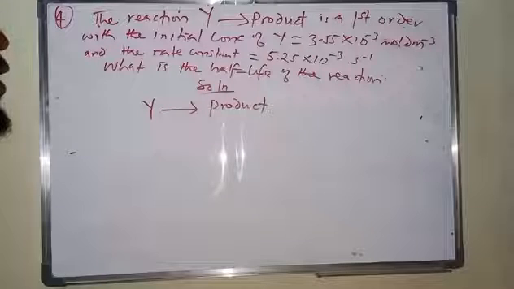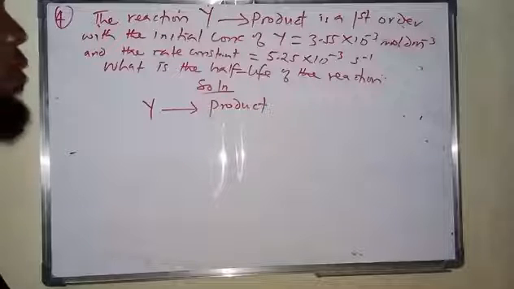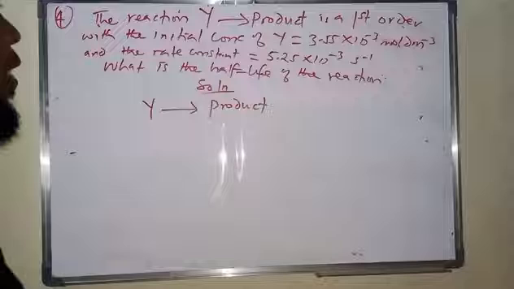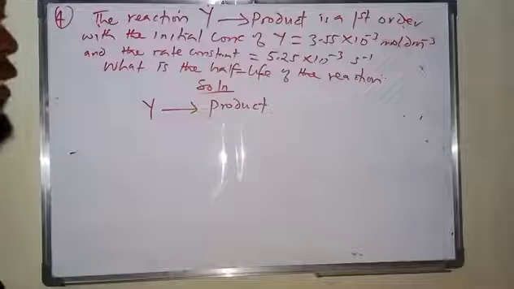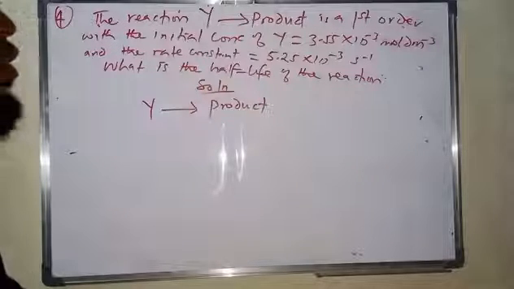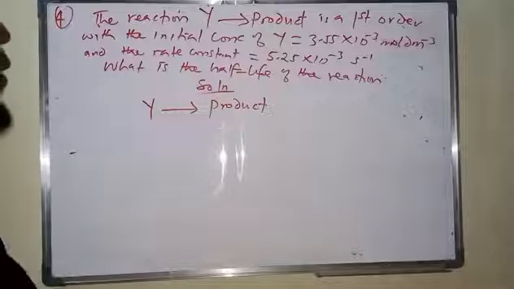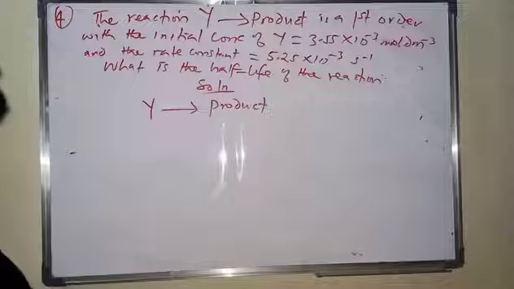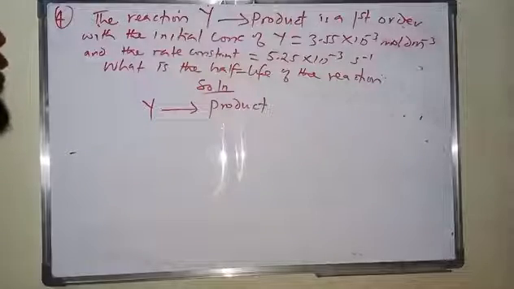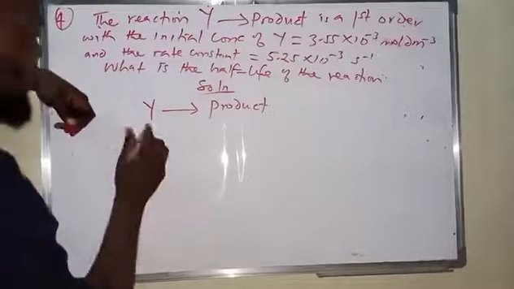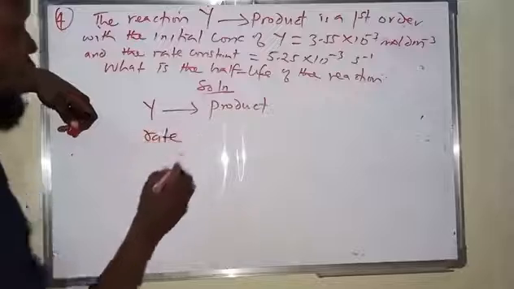So a first order, in reaction kinetics, we have different orders of reactions, like zero order, first order, second order, and so on and so forth. This reaction is specified to be first order, and the first order reaction has its rate equation.